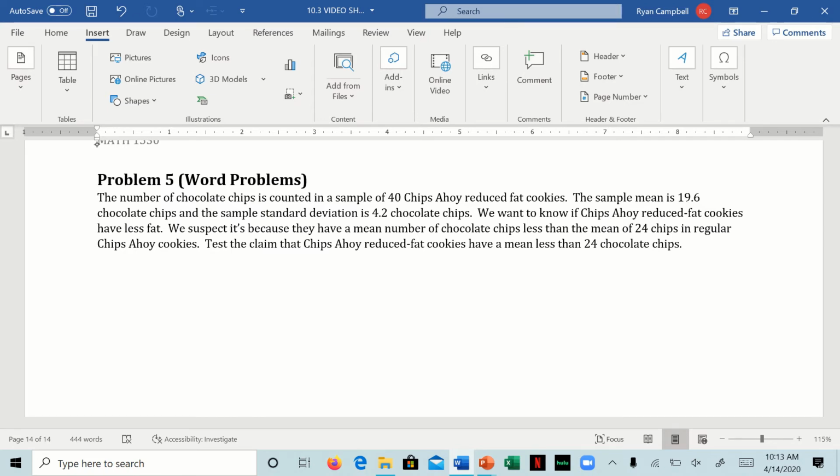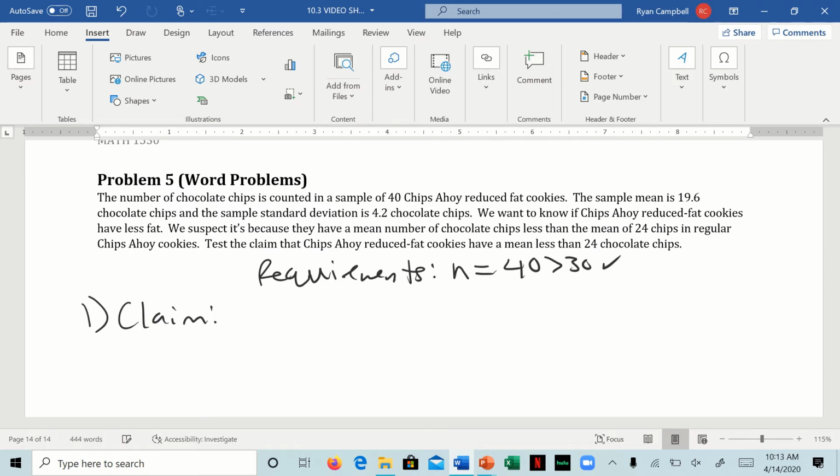Well, let's see. So let's test the claim that they have less than 24 chocolate chips. So first, requirements. Can we do this problem? I mean, we're going to do it anyway, right? We've already established that. So n is 40, bigger than 30, totally okay. All right, claim.